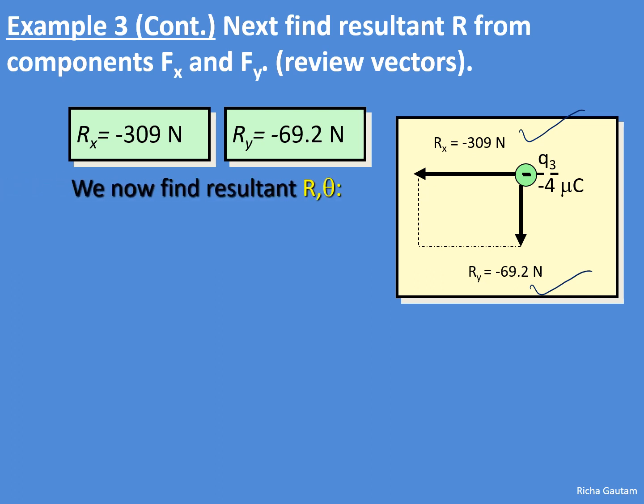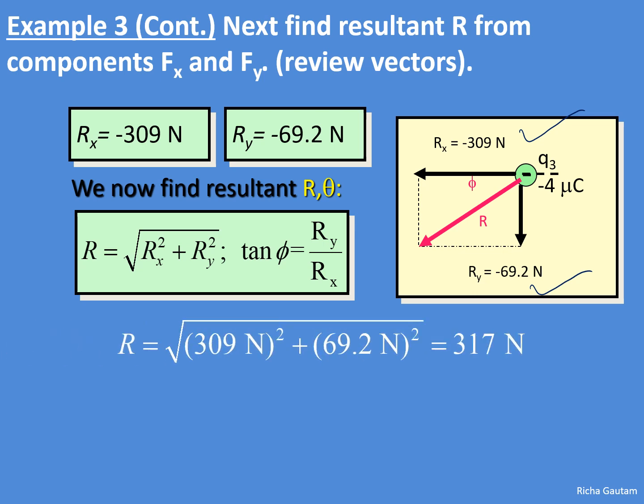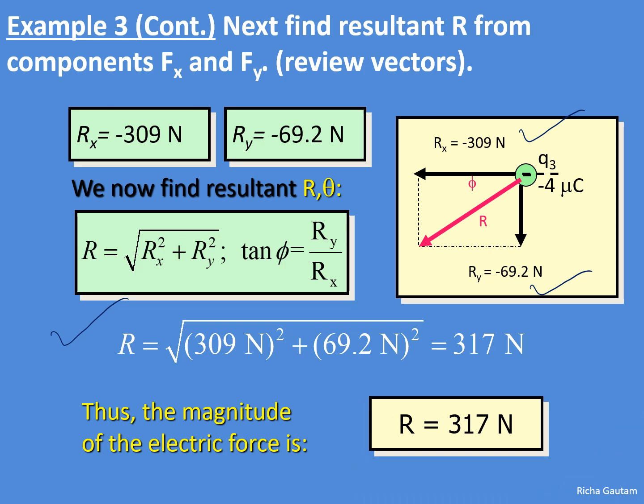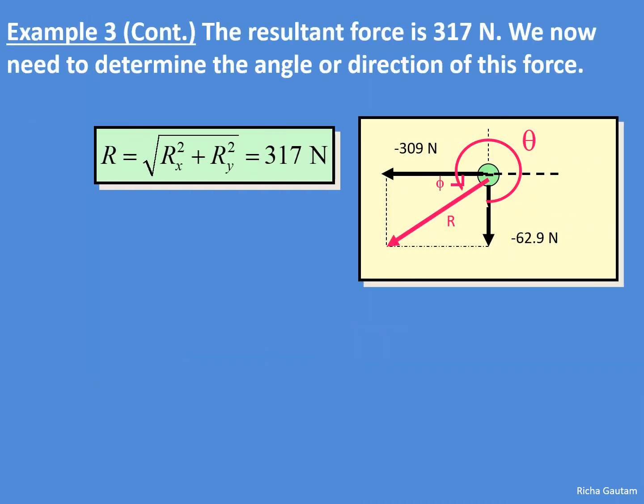And once you have the components, you can find the total resultant vector, which is the square root of Rx squared plus Ry squared. Once you have the components, you can find the total magnitude of the vector, and the direction will be given by theta equals tangent inverse of the y component over the x component.